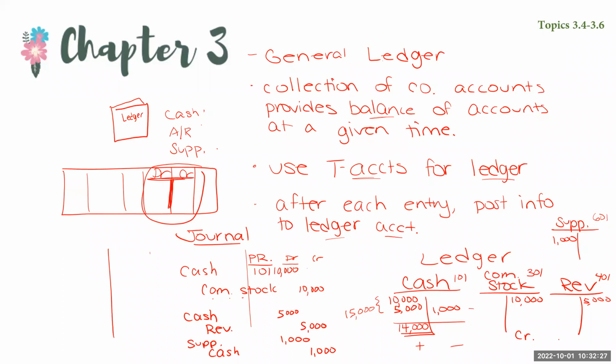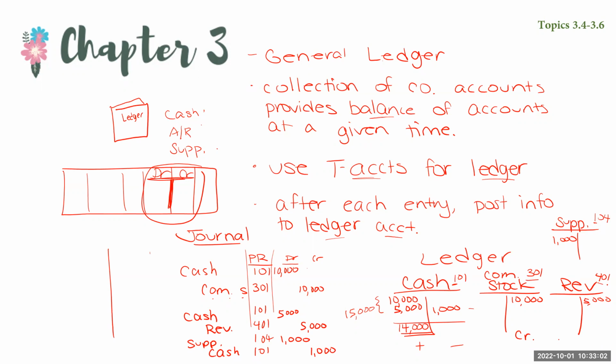So once you post, you can put in the reference numbers: 301, and cash 101, 401, 101, 601. That's not right. That should be an asset. We'll make it 104. That's why I said if you read the chart of accounts, you'll see that all assets start with the number 1, equity 3, revenue 4, etc.